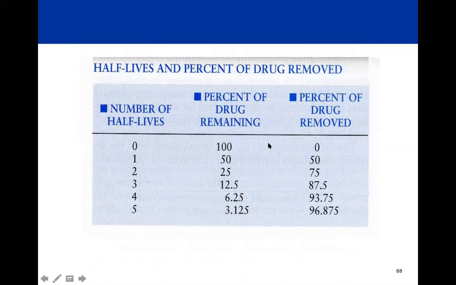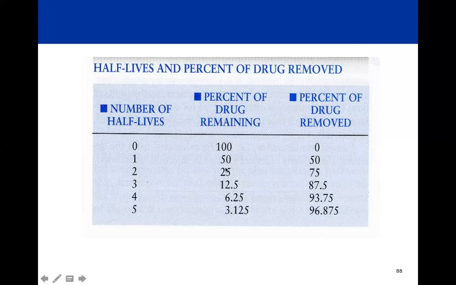And if we look at this table, this is the 0 time, the percent of the drug in the circulation is 100%, and the percent removed is 0. After 1 half-life, the remaining drug will be 50%, and the removed 50%.